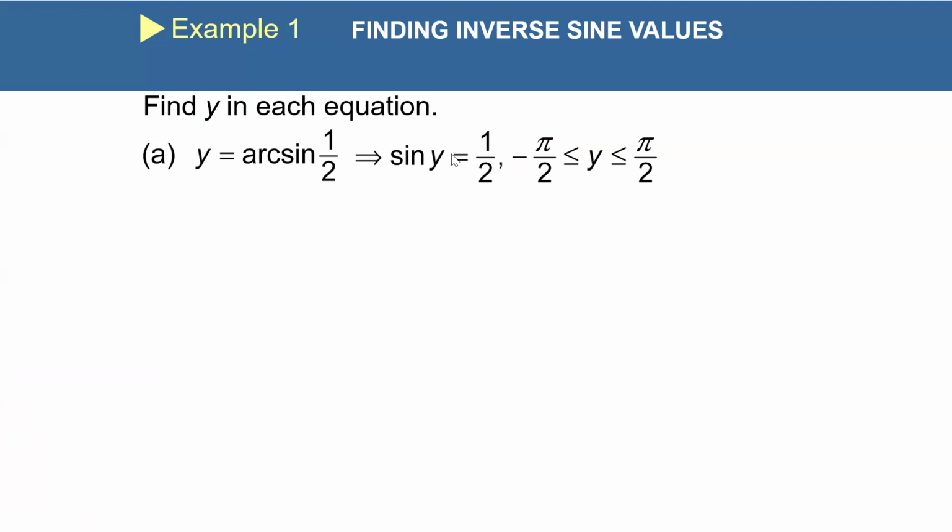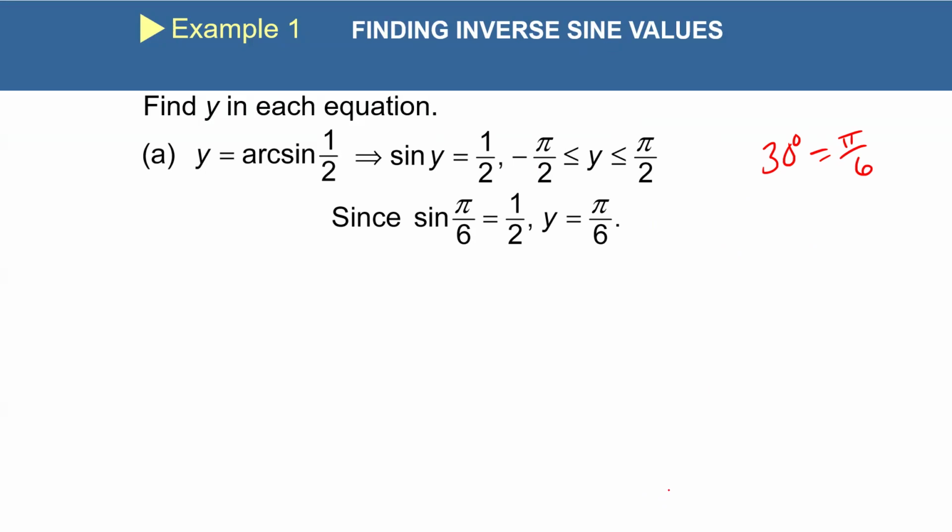Okay, so we know it's asking when does this happen, and it's saying from negative pi over 2 to positive pi over 2. And we know that we get 1/2 when it's at 30 degrees. 30 degrees is the same thing as pi over 6. It just depends on what it's asking you.